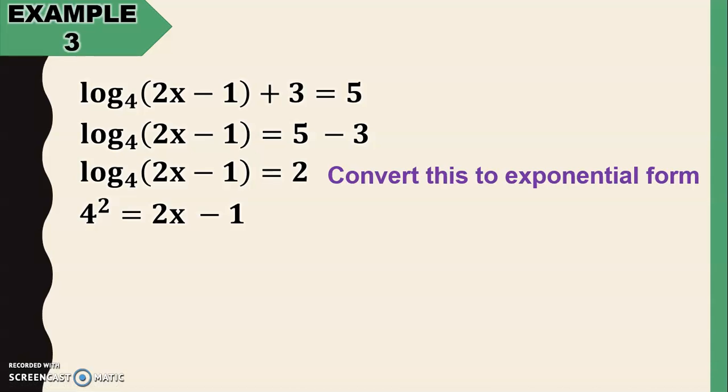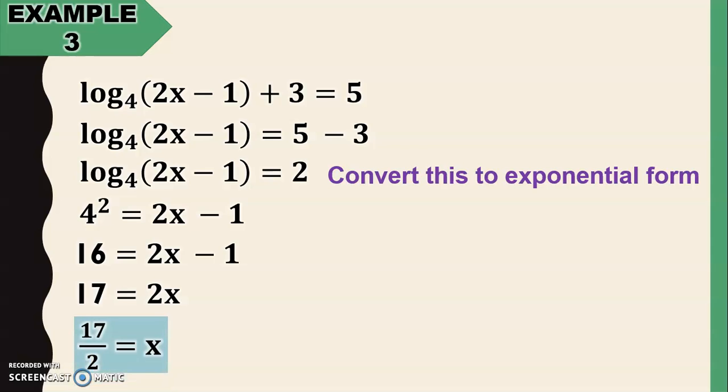Then evaluate. 4 squared is 16 equals, copy 2x minus 1. Then transpose negative 1 to the other side. So it becomes 16 plus 1, 17. 17 equals 2x. Divide both sides by 2. Therefore, our x is 17 over 2.